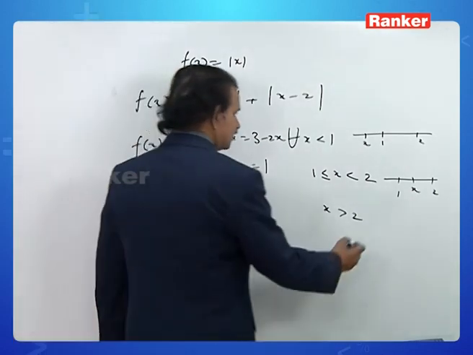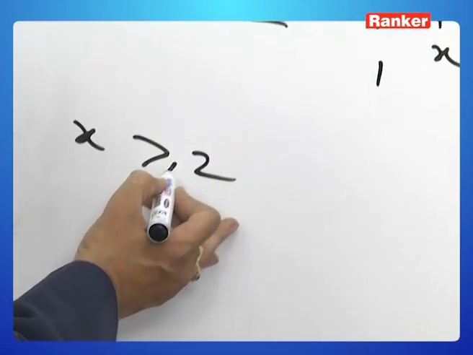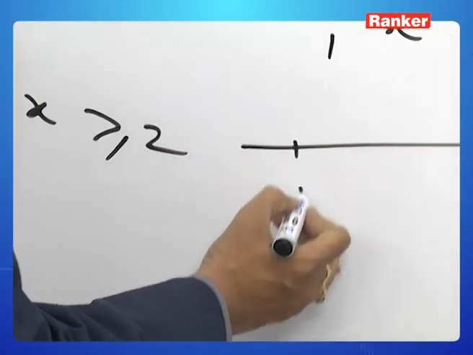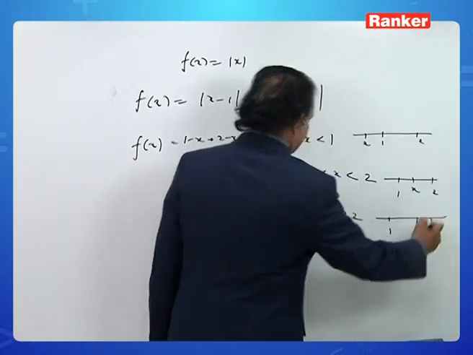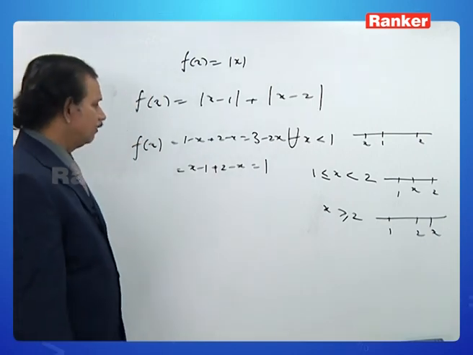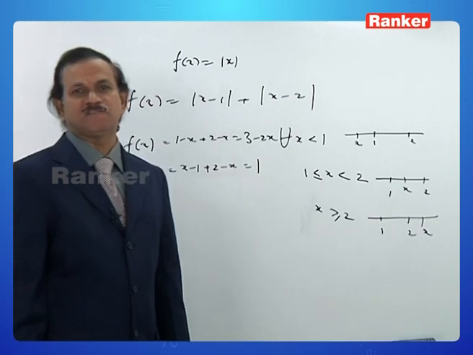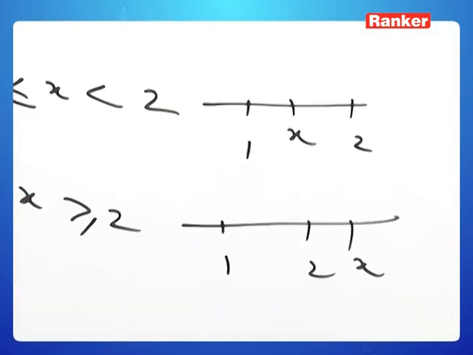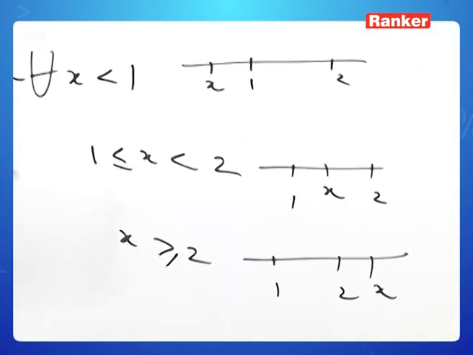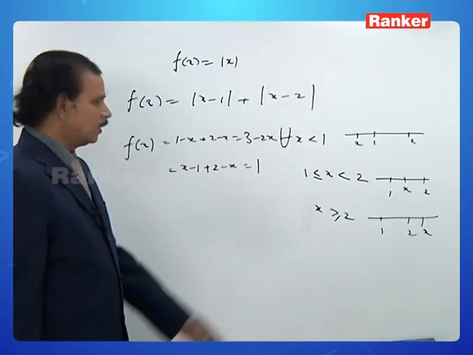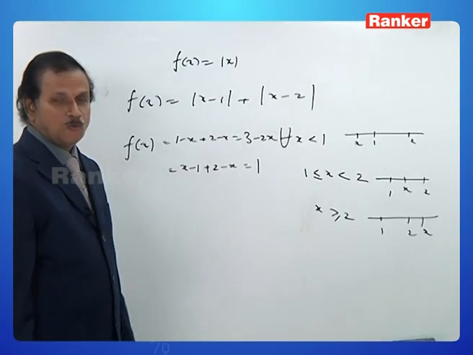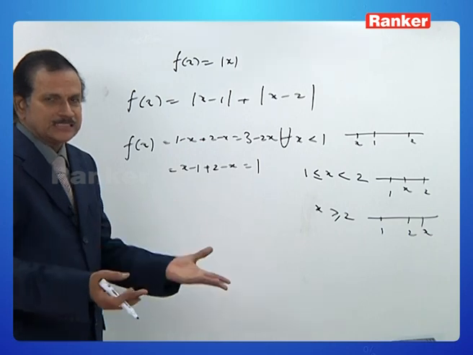The last case, x greater than or equal to 2. Here x lies above 1 and above 2. What is the distance between x and 1? Why am I always considering distance?